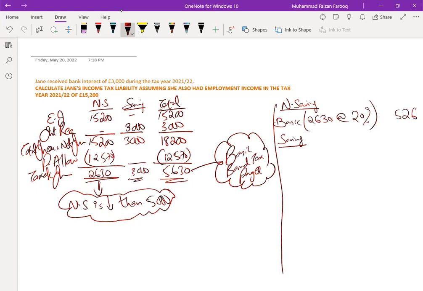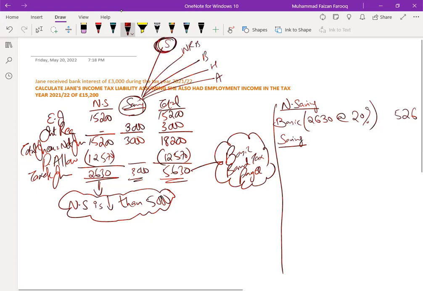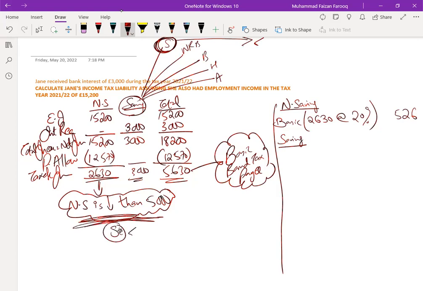Then we will have savings income. In savings, we know we have five bands: start, nil rate band, basic, higher, and additional. First of all, we have to focus on the start band. Will the start band apply here or not? Yes, the start band will apply, because non-saving is less than 5,000.